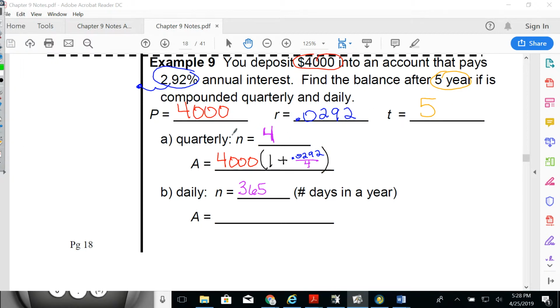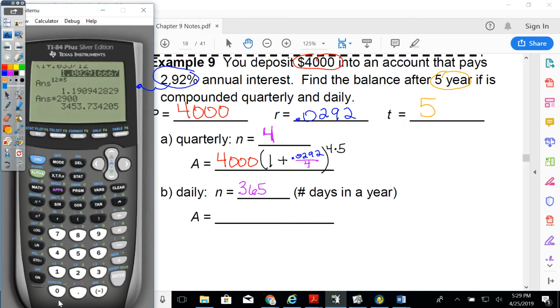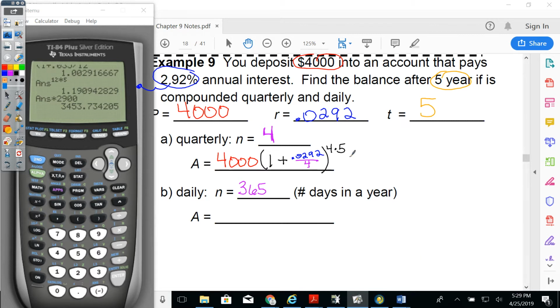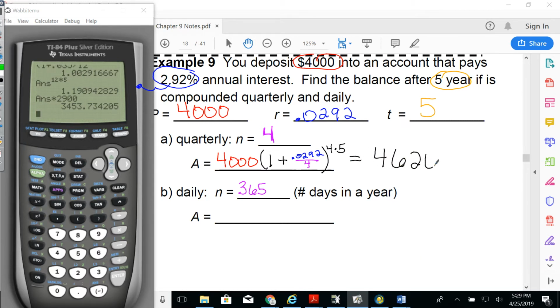Multiplying N and T is 4 and 5. And we type it in the calculator. And here we'll get $4,626.33. Make the equation for B, set it up, plug it in, and tell me what the value is.